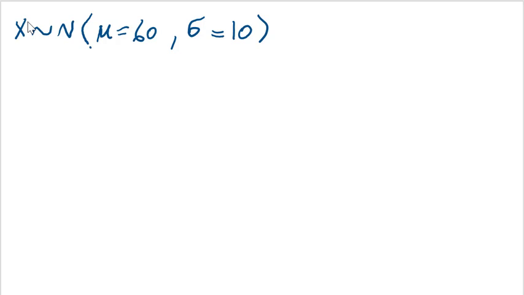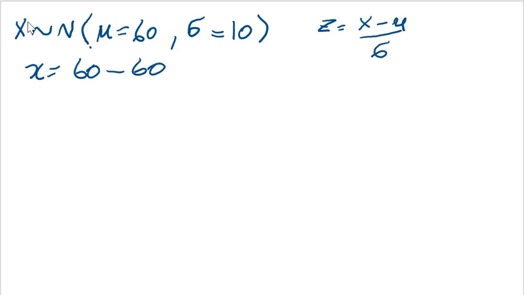For x is equal to 60, the z score is x minus mu over sigma. So 60 minus 60 divided by 10, so it's equal to 0.